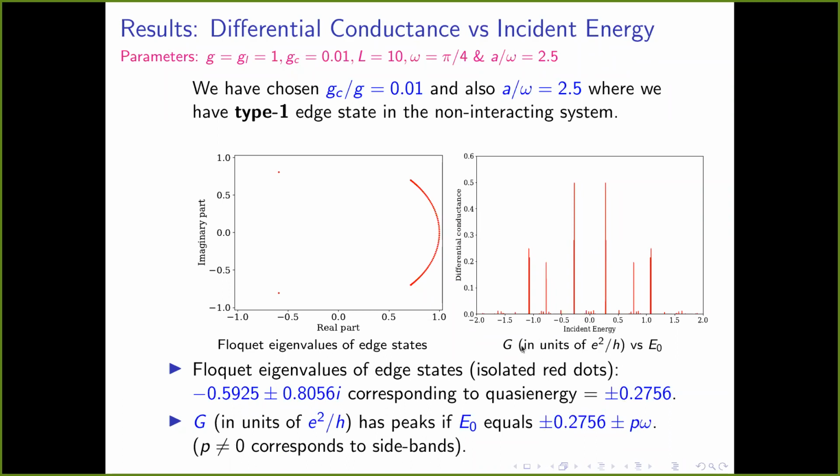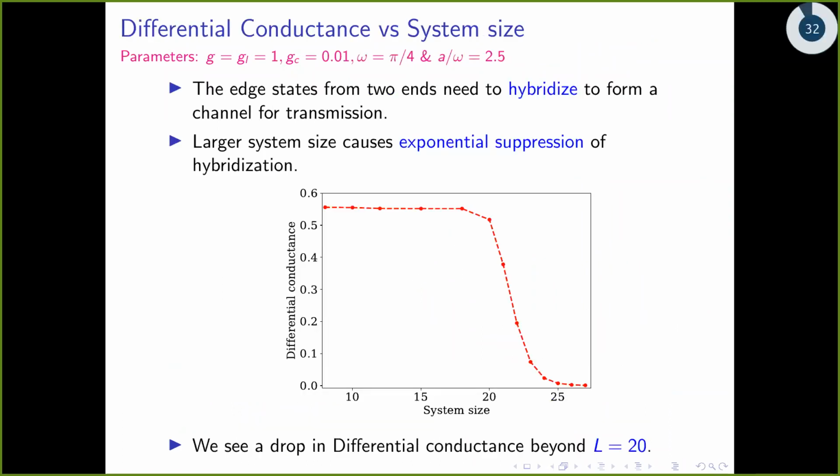So this is the plot for G versus E naught. These are the peaks which I am talking about, and they correspond to the energy of this plus minus P omega.